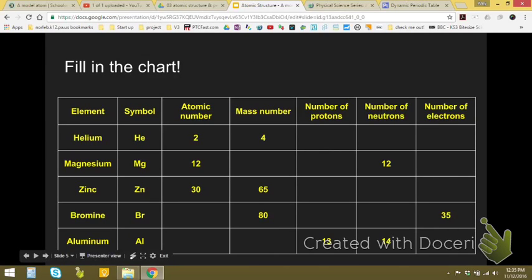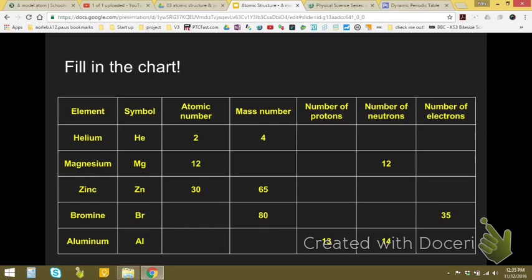And once we have those pieces of information put down, now we can take a look at this chart. So if we start with helium, and we see that helium has an atomic number of 2 and a mass number of 4, we can then figure out what the number of protons, neutrons, and electrons is in helium.